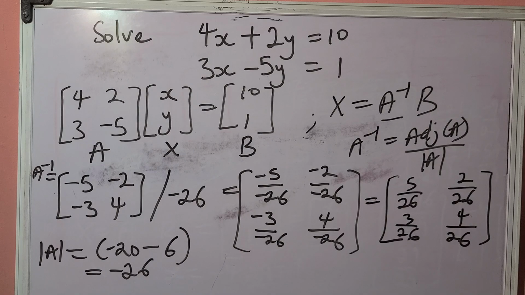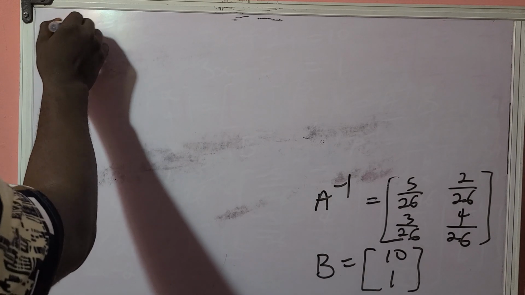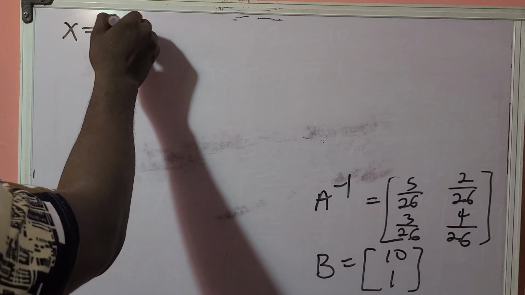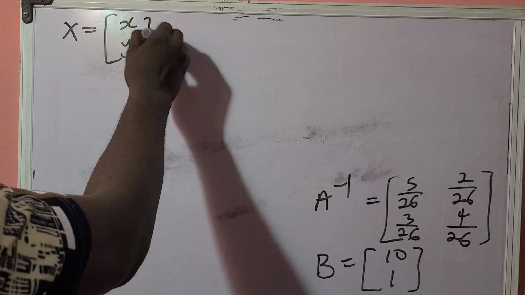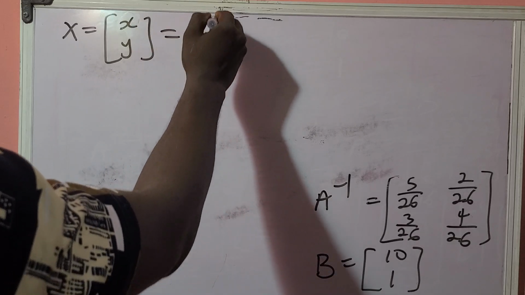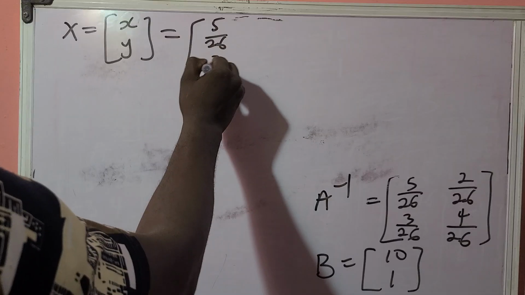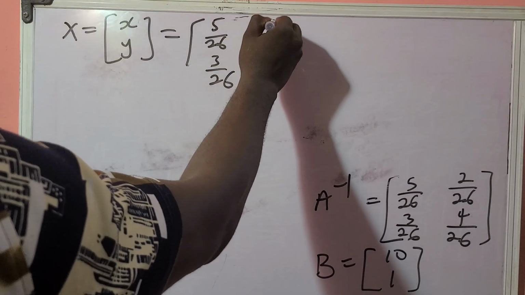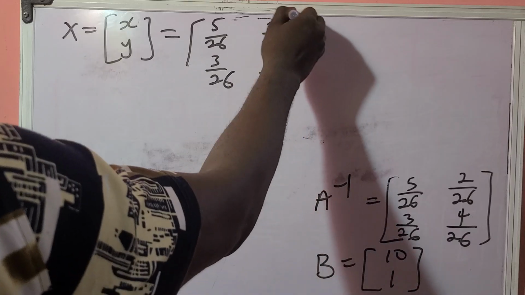So let's try and multiply A inverse times B so we can get our matrix X. So we want to find our matrix X. Of course, our matrix X is what houses x and y, and A inverse is 5 over 26, 3 over 26, 2 over 26, and 4 over 26.